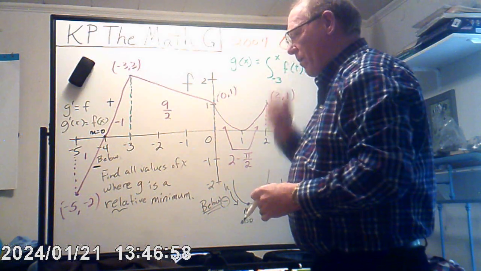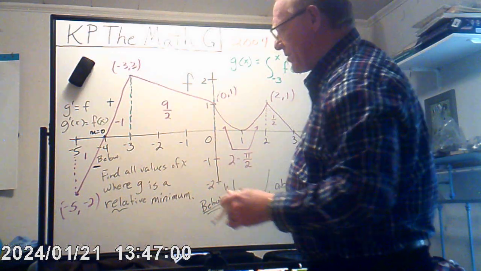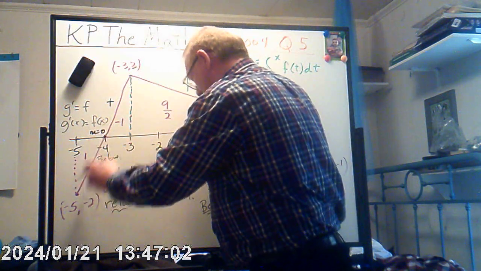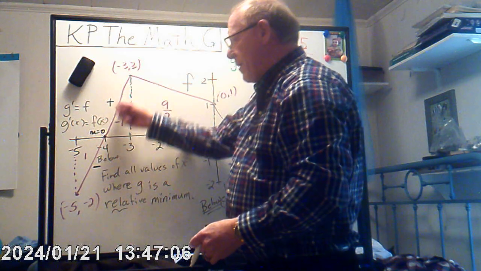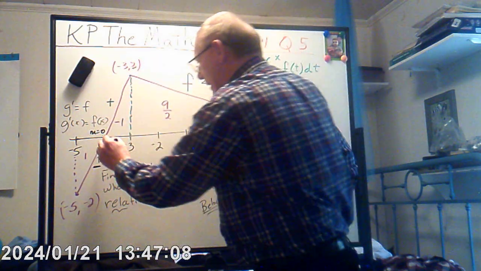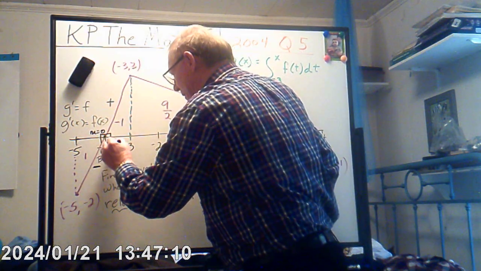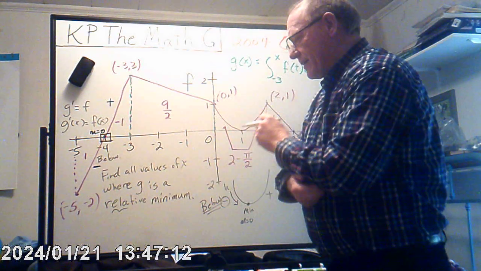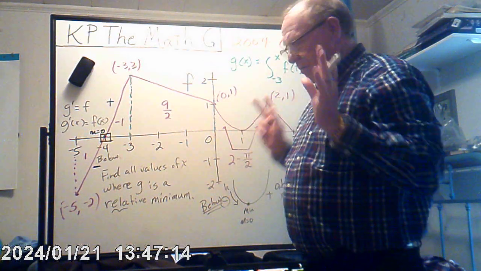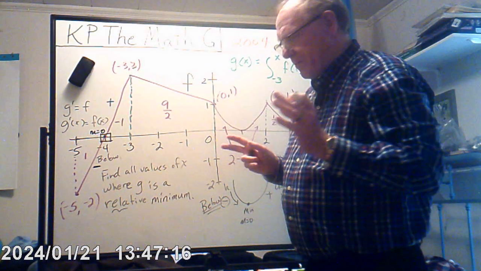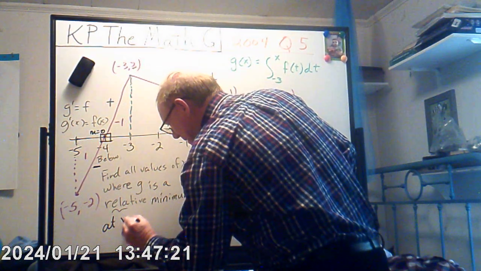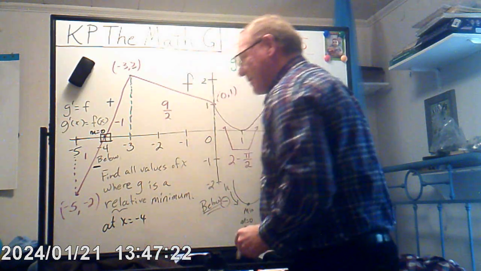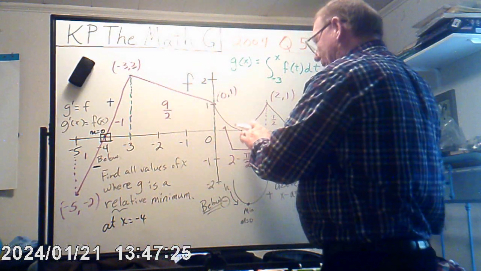So F is decreasing below the x-axis, the slope is 0, then it's above. This is the place where we're going to find a relative minimum. So a relative minimum at x equals -4. Now, what about this one?